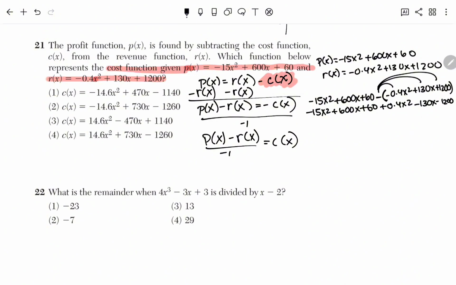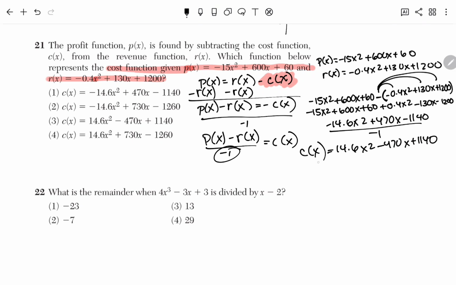When I simplify that, I'm going to get negative 14.6x squared plus 470x minus 1140. And then I recall that I have to divide by negative 1. So when I divide by negative 1, I get 14.6x squared minus 470x plus 1140 equals C of x, my cost.